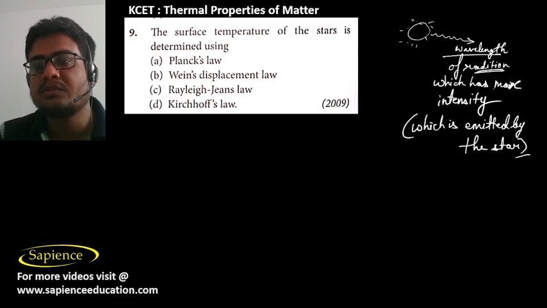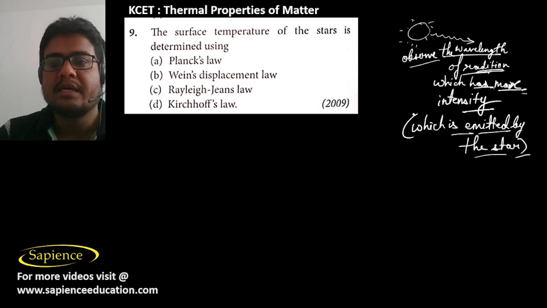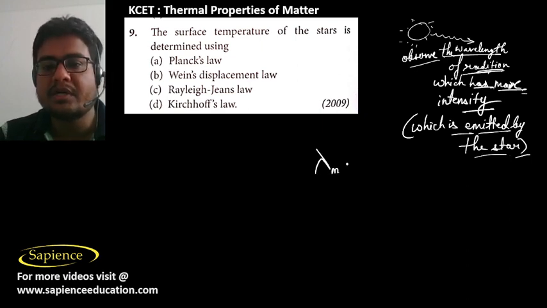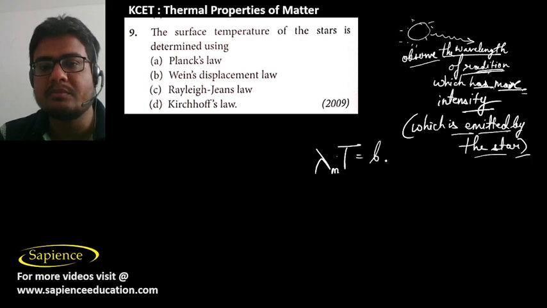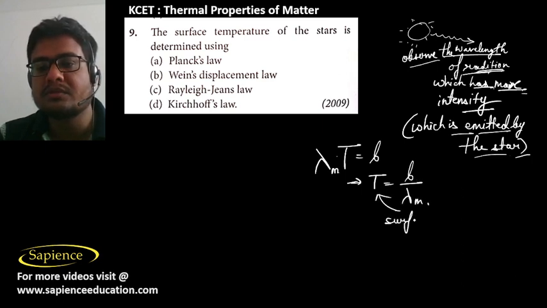So we have to observe the wavelength of radiation which has maximum intensity and which is emitted by that star, and we will say that is equal to lambda m, and we know that lambda m into T is equal to b. b is the Wien's constant. So from there T we can find out by b by lambda m, and we can find out the surface temperature of the star.